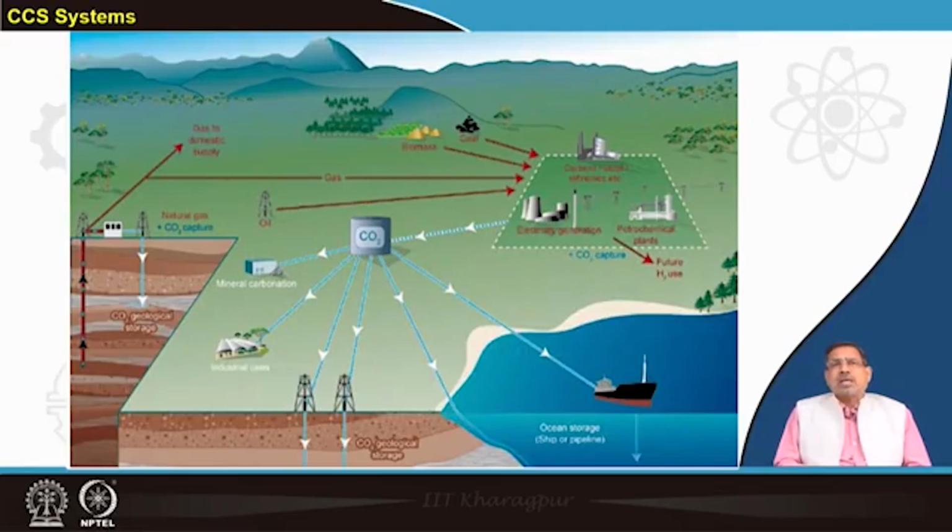But we can also see some part of that is utilized in various industrial processes. So this talks about the total concept, or the total story, as far as the carbon capture and storage system is concerned.